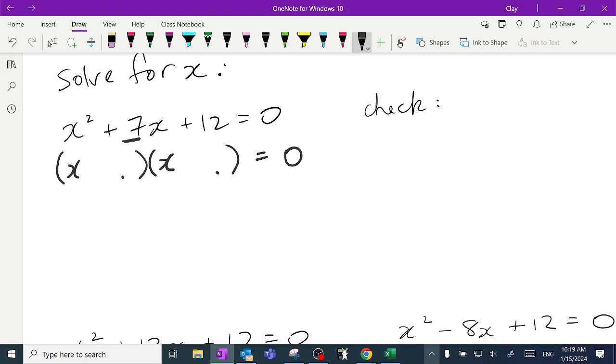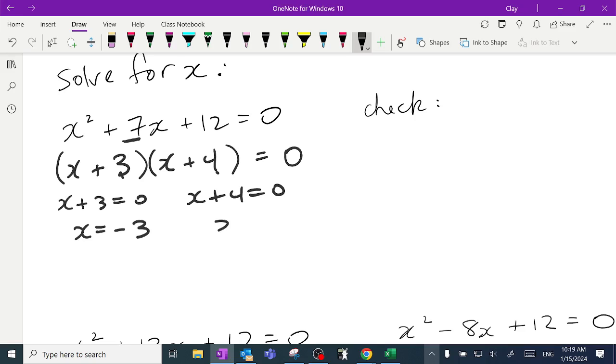Remember that from grade 10 factoring? Are all the happy memories coming back to you? That's good. So plus 3 and plus 4. And of course, you now have to solve that. So x plus 3 is equal to 0, or x plus 4 is equal to 0, which means x is negative 3, or x is negative 4.